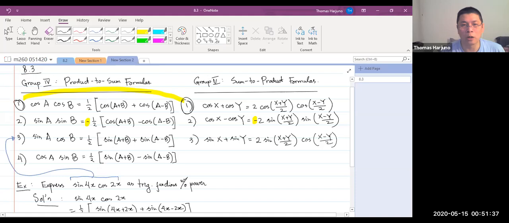And the last one, the difference of sines, sine x minus sine y will be 2 times cosine of half of the sum, sine half of the difference.